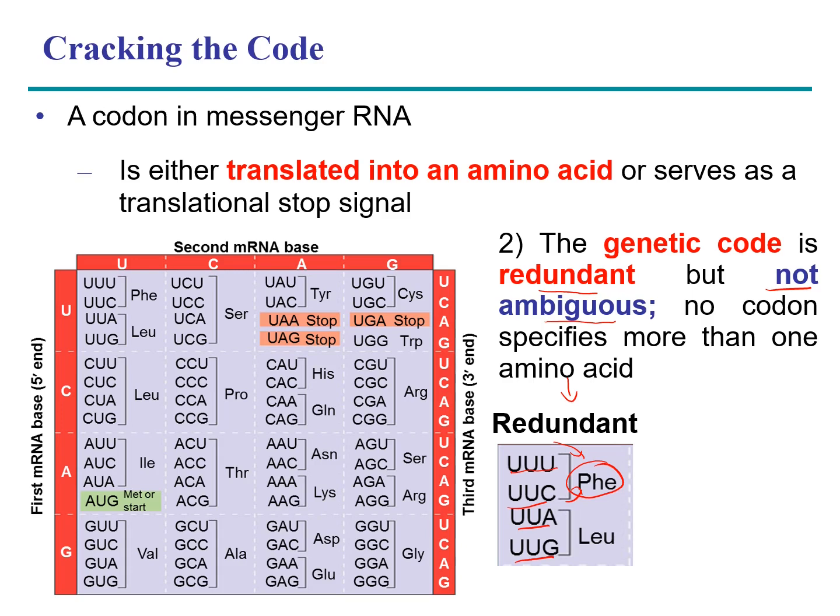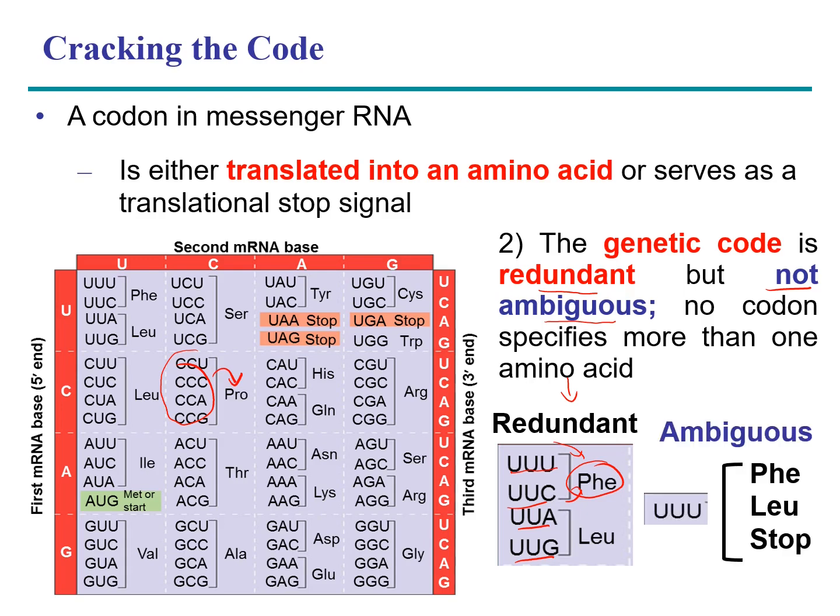And if you see here, you have even 4 coding the same amino acid. However, you will never see a codon that codes for more than one amino acid. So it's not ambiguous, but it's redundant. And here I also wanted to show you, here you can find the 3 stop codons.